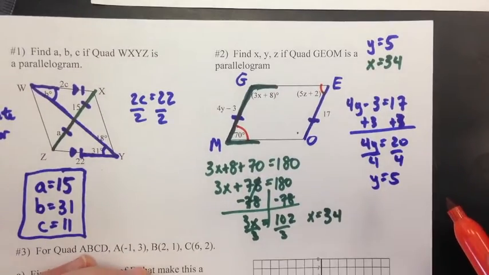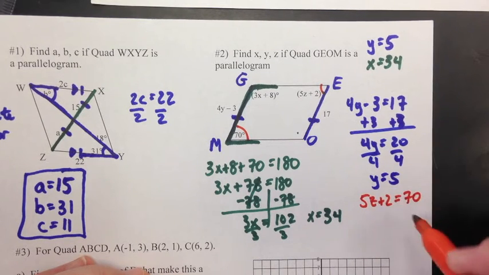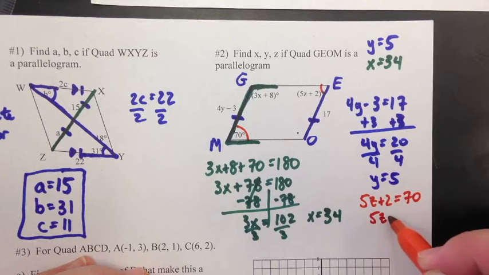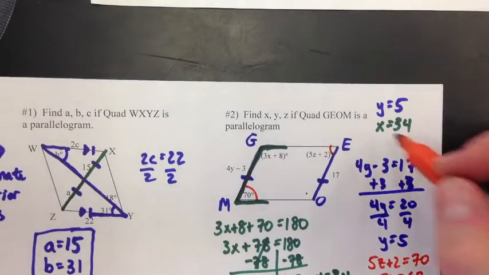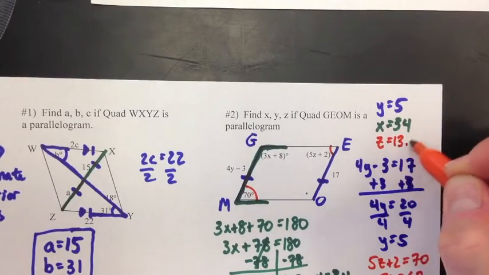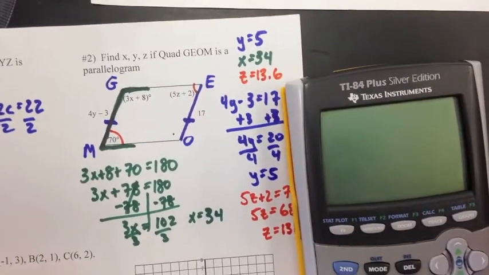So my last equation here, 5z plus 2 equals 70. I'm going to subtract 2. That gives me 68. And then divide by 5. And actually, I'm going to get a decimal. I get 13.6. And that's okay. That's correct. Z equals 13.6. I can check this if I take a calculator here.